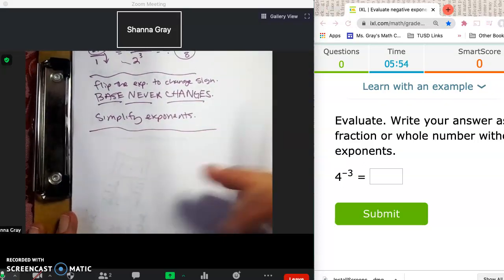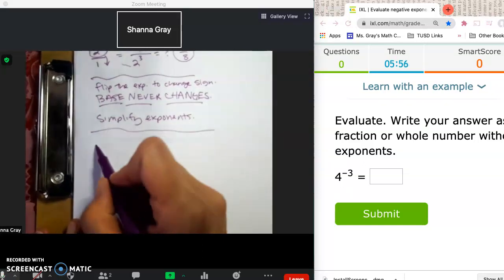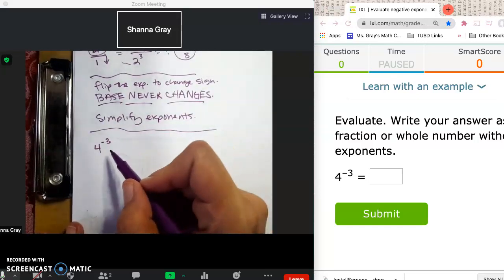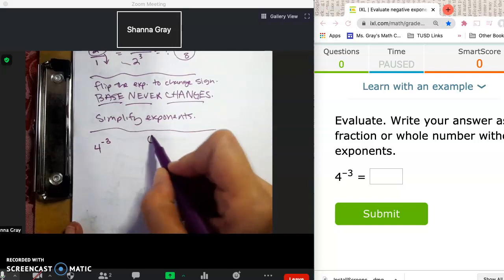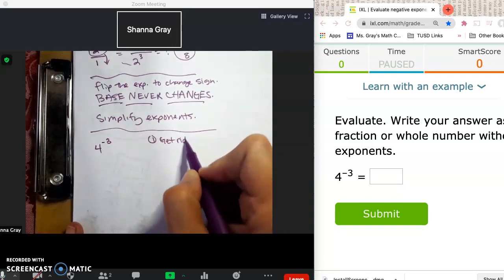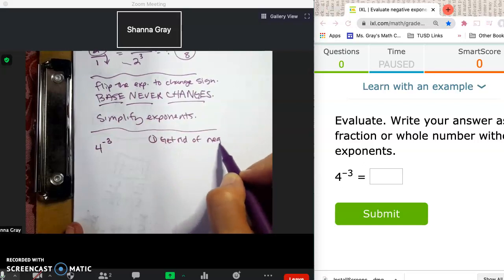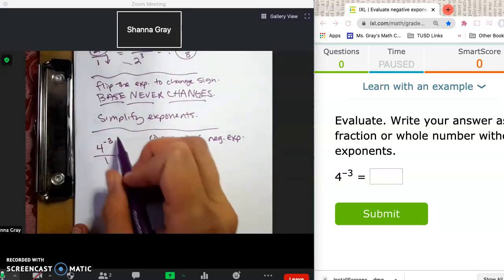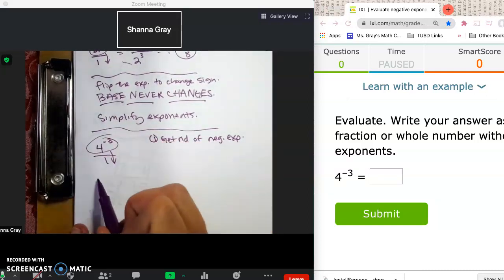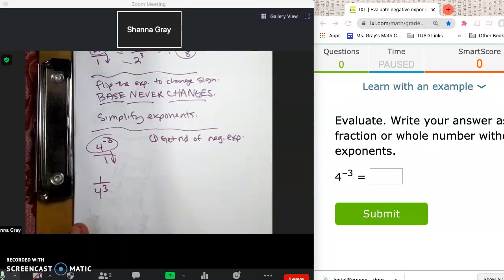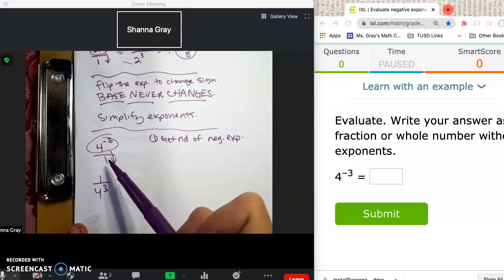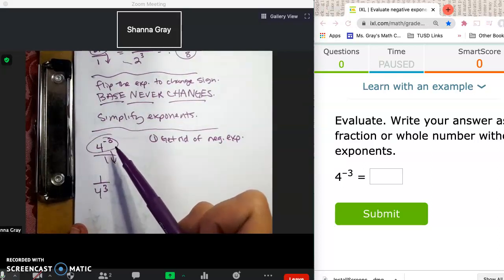All right, let's go over to the problem on the right side of your screen. So 4 to the negative 3 power. First of all, problem, negative exponent. First step, get rid of negative exponents. So that's what we learned how to do in Wednesday's lesson, is how to flip this over so that it is not negative anymore. So if I move this parent into the opposite room, my baby becomes positive.